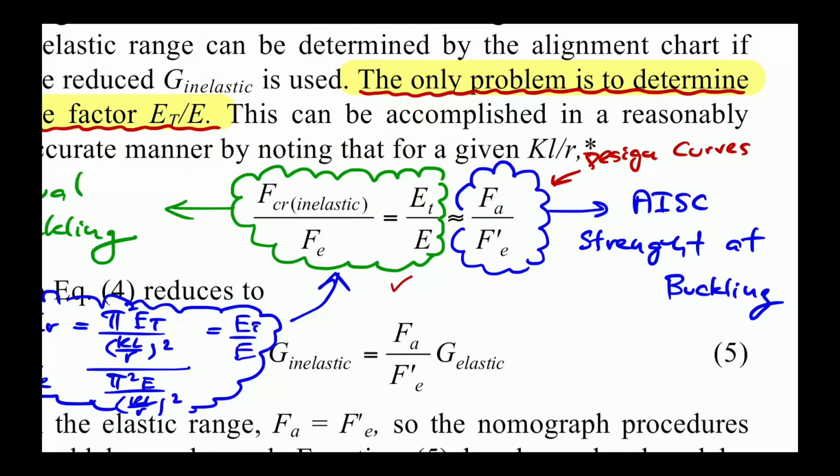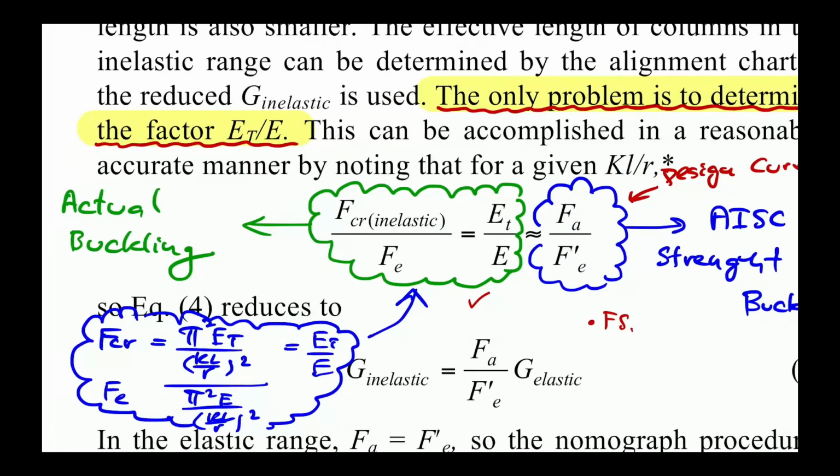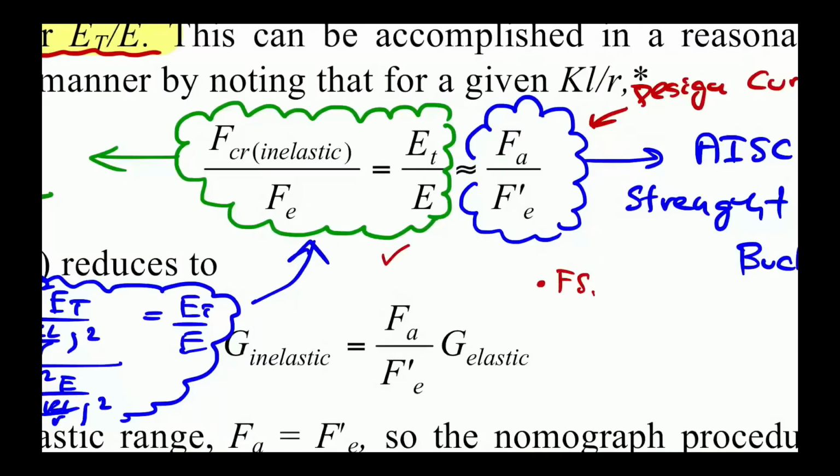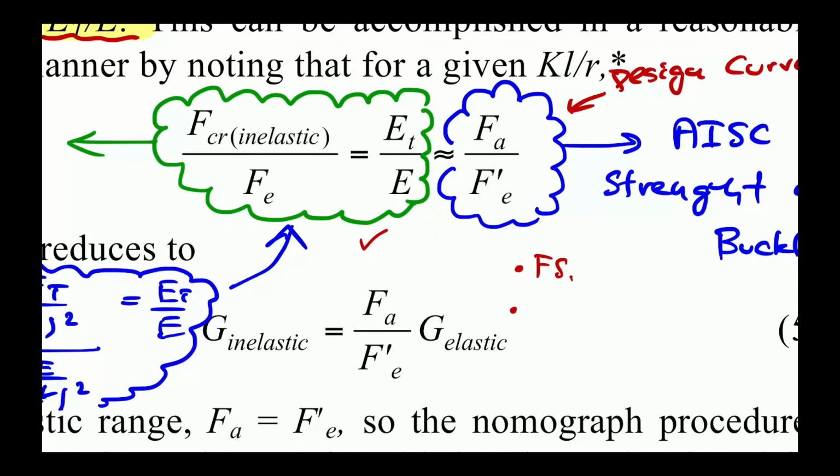Why? Because with AISC, when we talk about the development of the column curve, you remember I said that the factor of safety was already incorporated. So we have the factor of safety incorporated in this given column curve. This is the first thing. The second thing, you have other factors like the distribution of the residual stress over the cross section, that is also there.